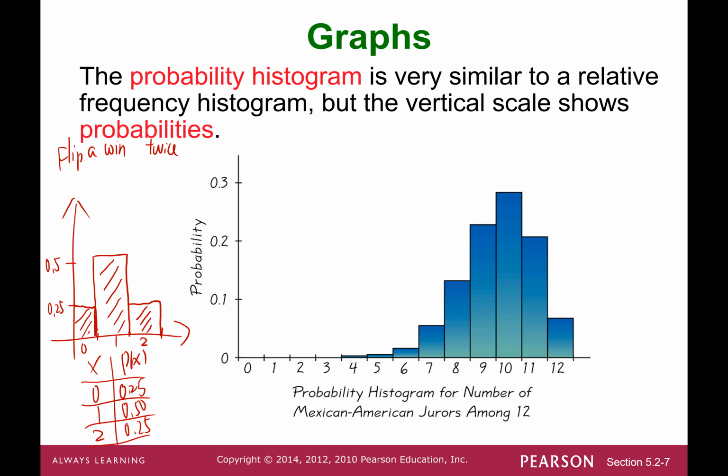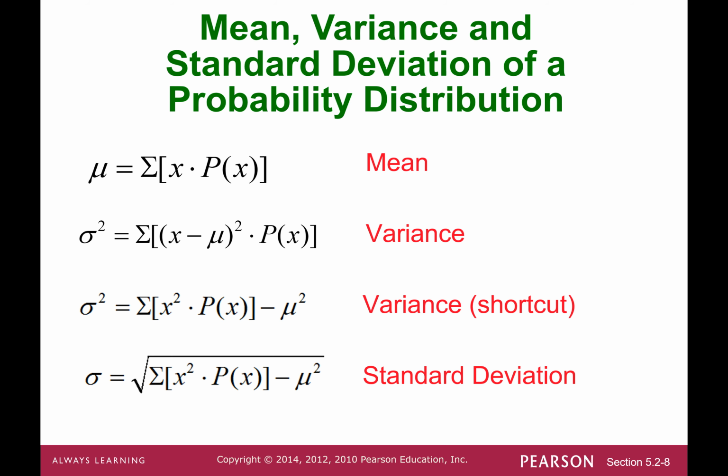That's how we construct the probability histogram. And this one is a probability histogram for the number of Mexican American jurors among 12. Again, we list all the possible outcomes with their probabilities from the table, then you can create a probability histogram.